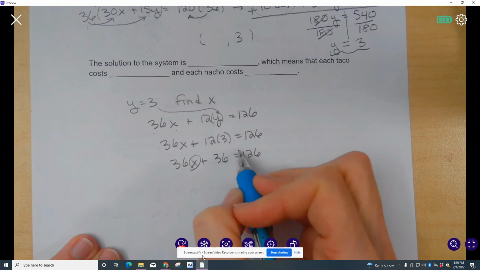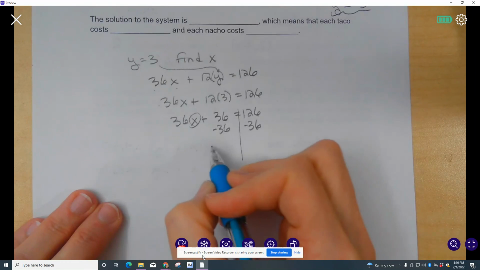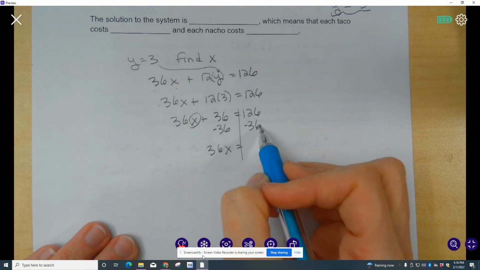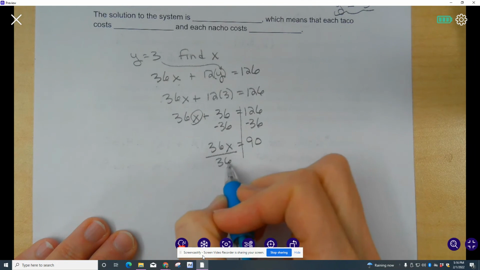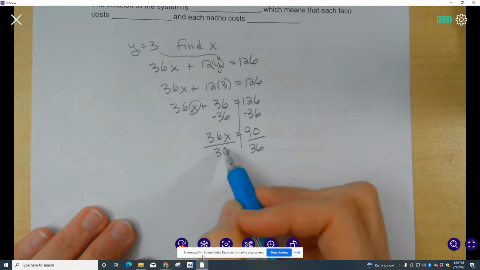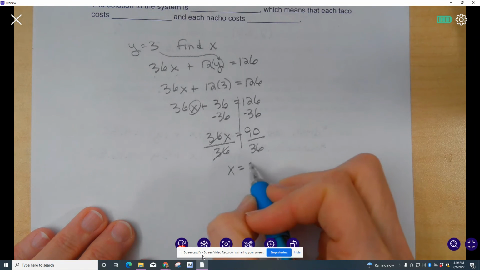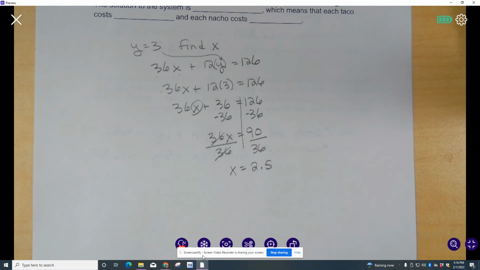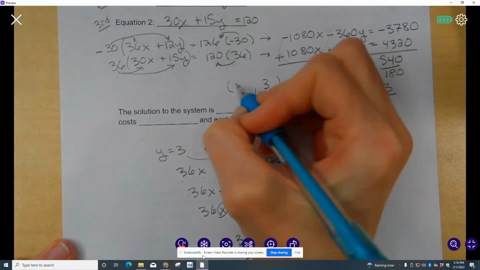Solving for x, minus 36 from both sides. 36x equals 126 minus 36 is 90. Divide both sides by 36. 36 divided by 36 is 1, so 1x equals $2.50 or 2.5. You will get fractions often on these word problems, and that's okay. So that's my x. So my x is 2.5.